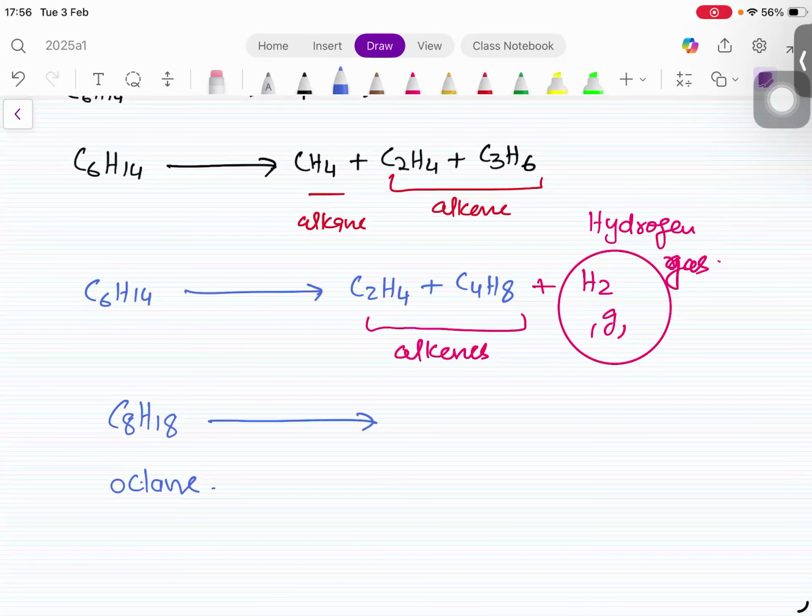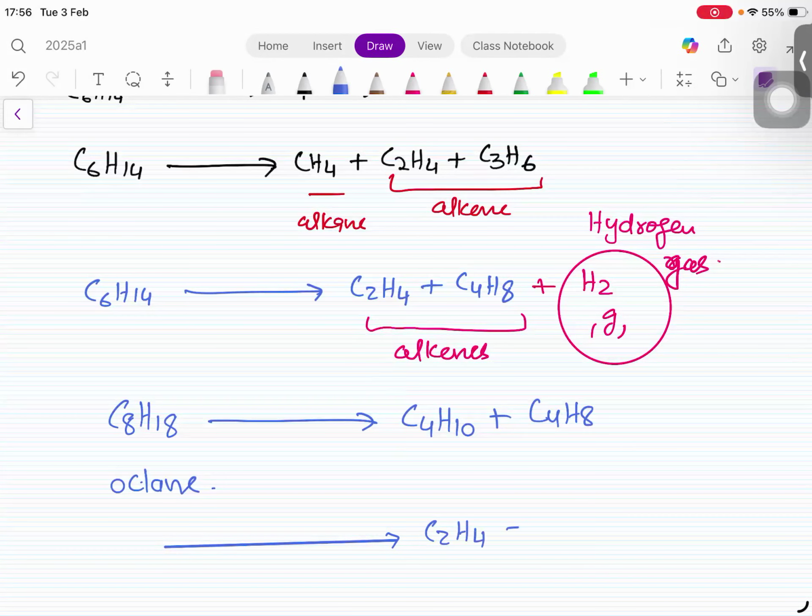Anyone? Starting from you. C4H10, which is an alkane, and C4H8, which is an alkene. Excuse me, just crack it into two parts. That's so simple. Tell me.